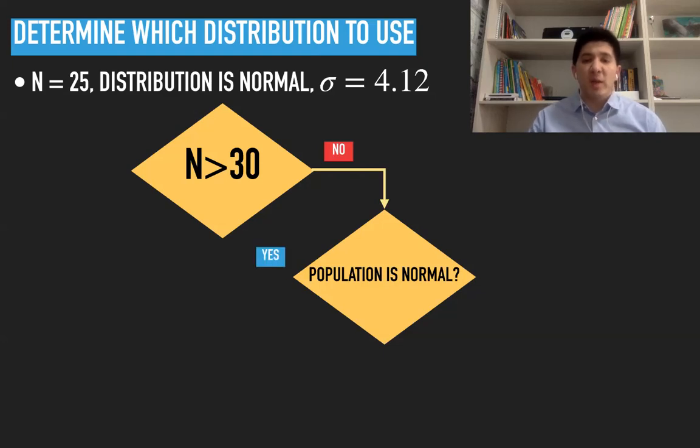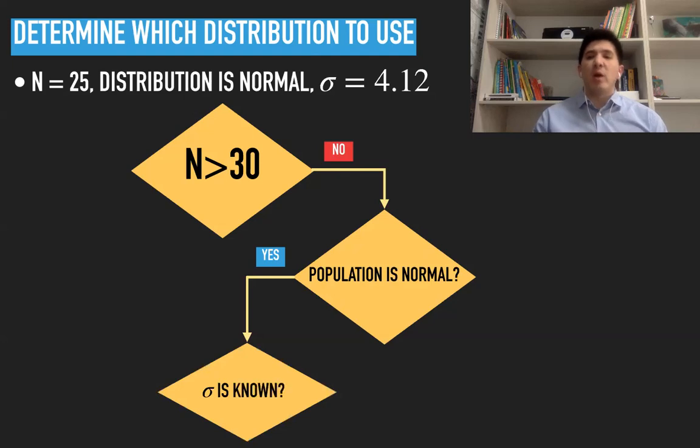In this case, the population has a normal distribution. At the end, we check whether we are given the standard deviation of the sample or the population. In the previous examples, we were given the sample standard deviation, but luckily in this case we're given the population standard deviation. So we know sigma, and since we know sigma, we again use the z-table.